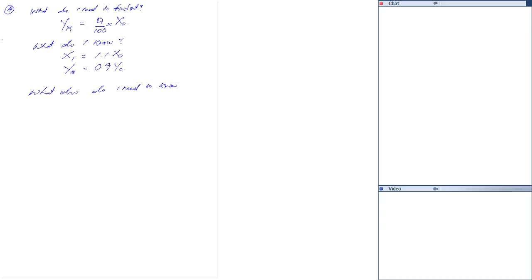Basically, what I wanted is YR is equal to A by 100 times XO. So basically I need A, which is equal to YR upon XO times 100. Correct?